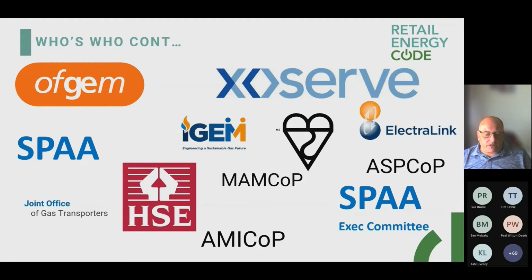As I said, it was attended by MAMs, GDNOs and IGTs. The whole idea was to get the relevant industry bodies around the table and discuss issues and look at best practice, improvements and challenges to drive the industry in a positive direction.